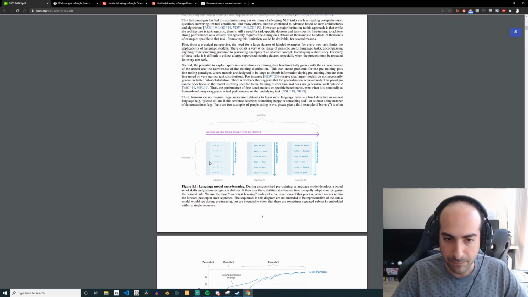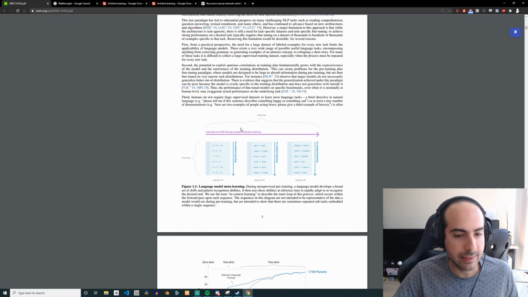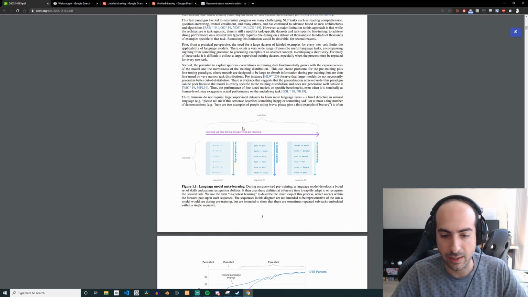Typically, depending on the specific task that you have, which is what each of these sequences mean here, you're going to be training your own model from scratch. And there's no cross-learning among these models.